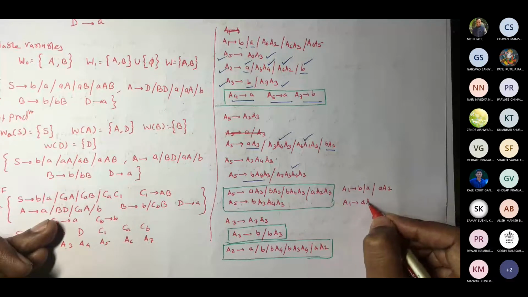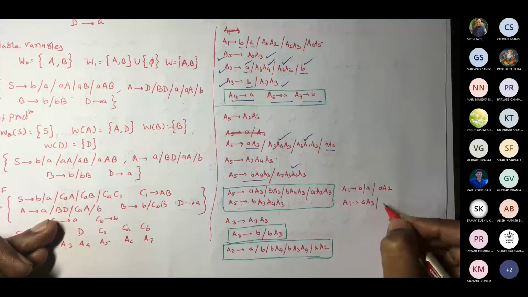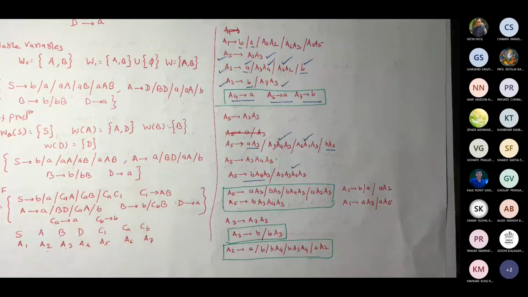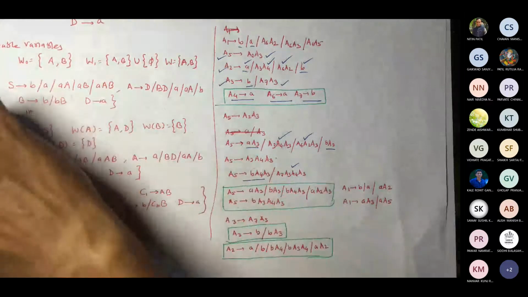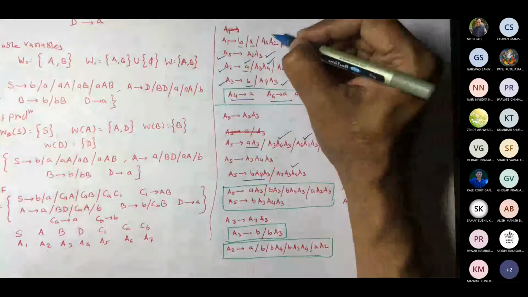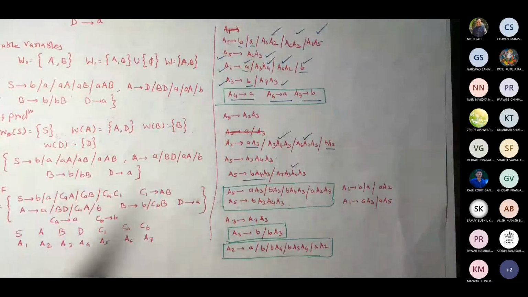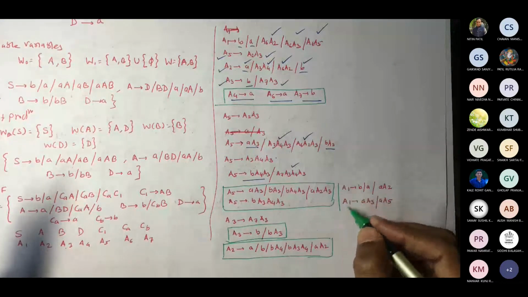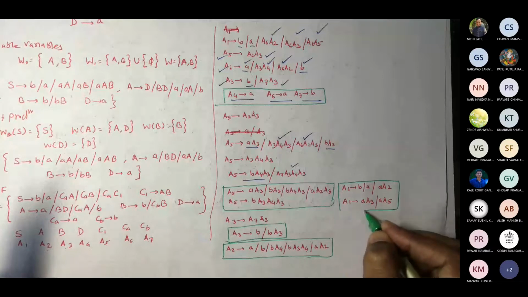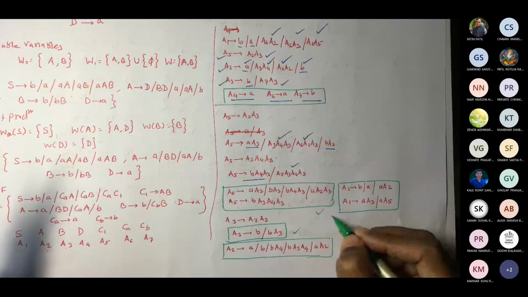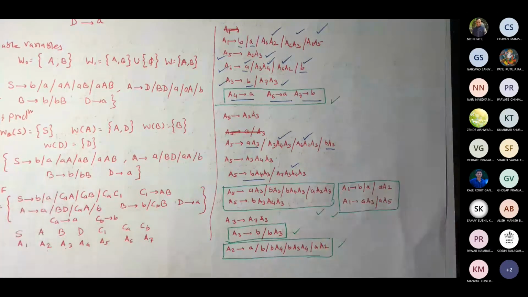So A3. A6, A5. So A5. So I work with each one of them. So this also done, this also done, this also done. And this would be my now final solution. Each one, this one, this one, this one, this one, and this one is in now GNF. Correct?